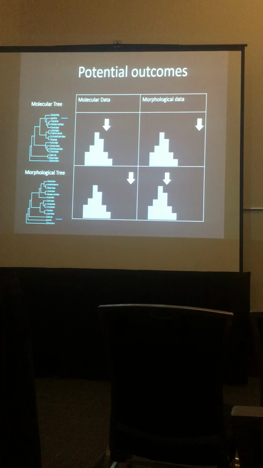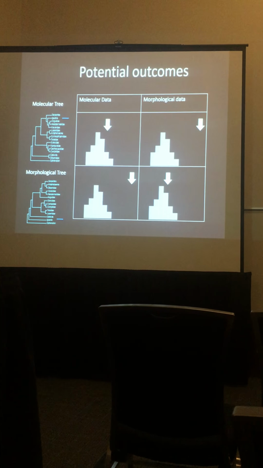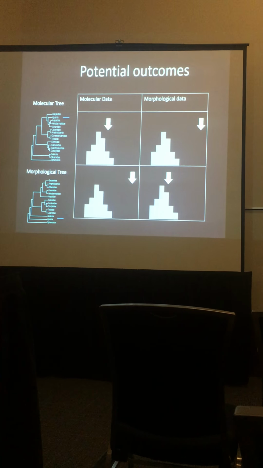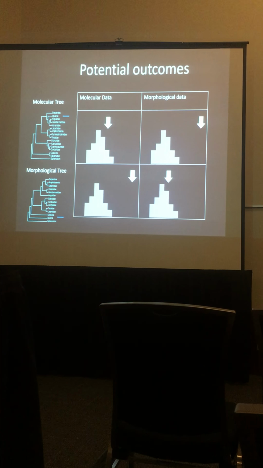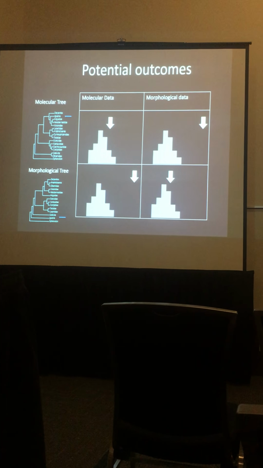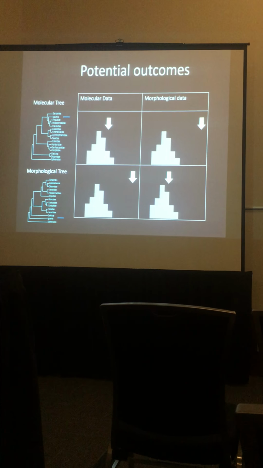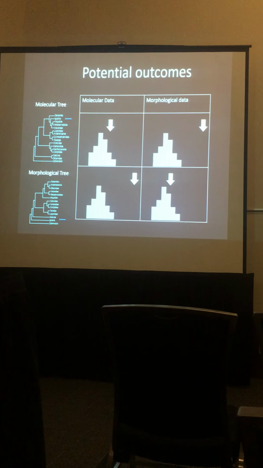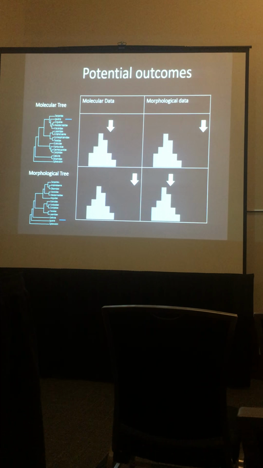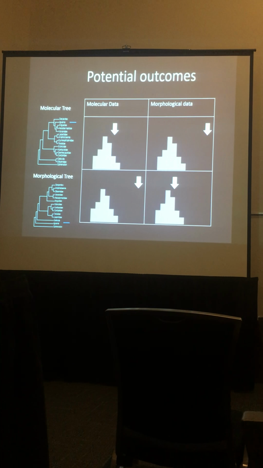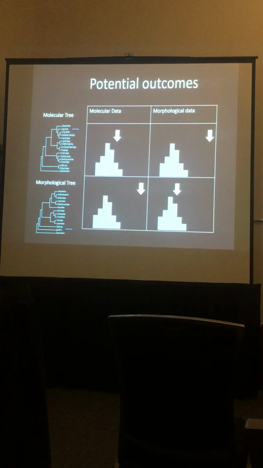And you would expect that if the molecular tree is correct, for the morphological data you would see poor model fit for the most part across all the morphological data, indicating that there's some sort of systematic error causing this topology. And then if the morphological tree is correct, you'd expect kind of the opposite, where the molecular data will show poor fit across most loci, and the morphological data will have a good fit across most of the characters. And then, of course, if they both have poor model fit, there could be an alternative hypothesis or tree that pops up as showing good model fit.